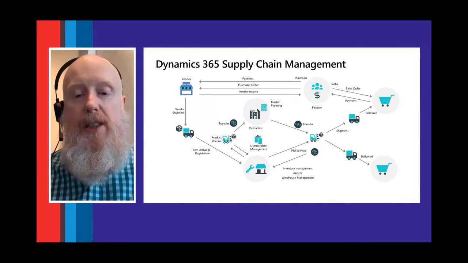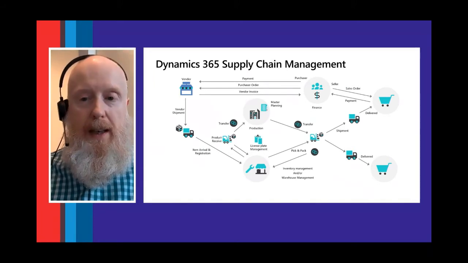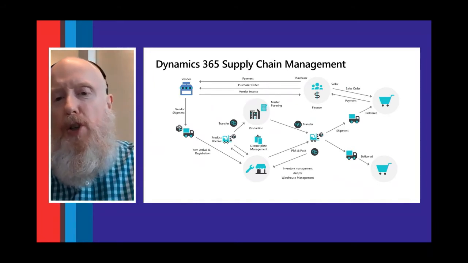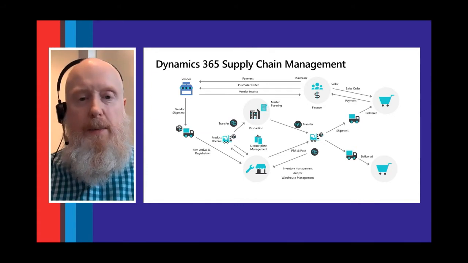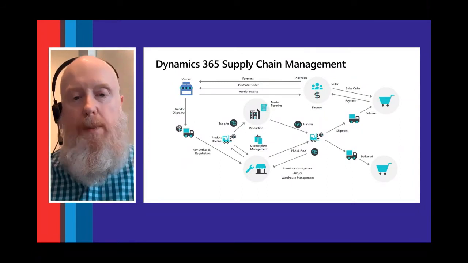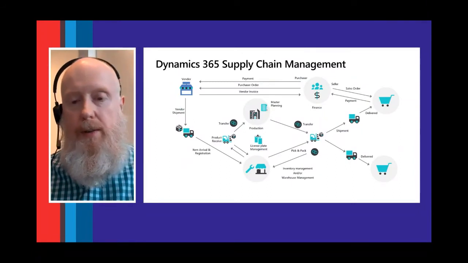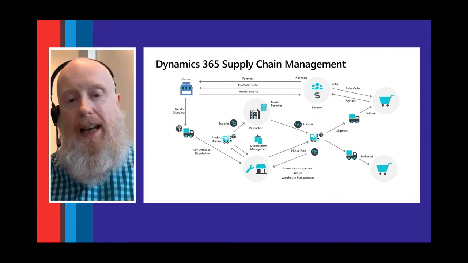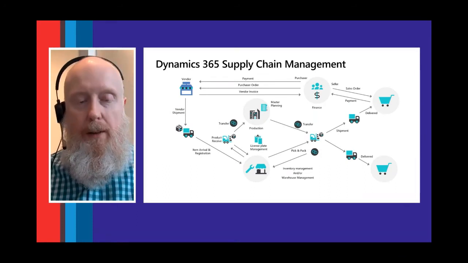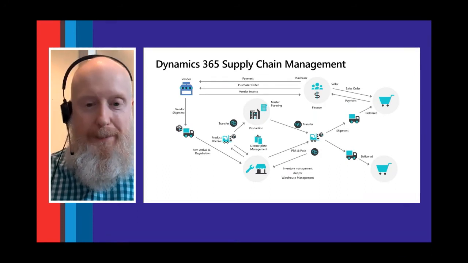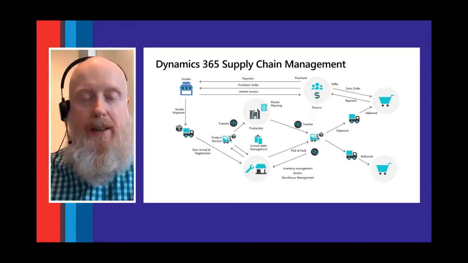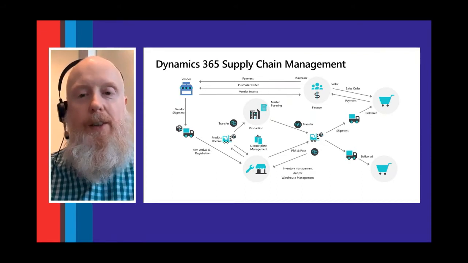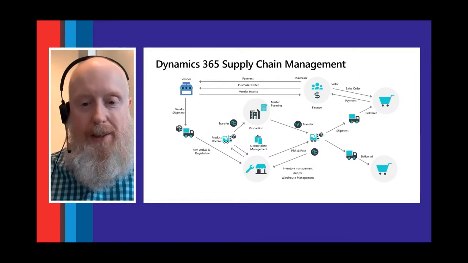I'll look at my logistics and inventory management, and we'll just understand maybe the purchase ordering process. But really, supply chain management, it covers everything around your whole supply chain, from inventory through to purchasing materials. It handles both discrete and non-discrete manufacturing, as well as a number of other scenarios that you might come across in your organization.